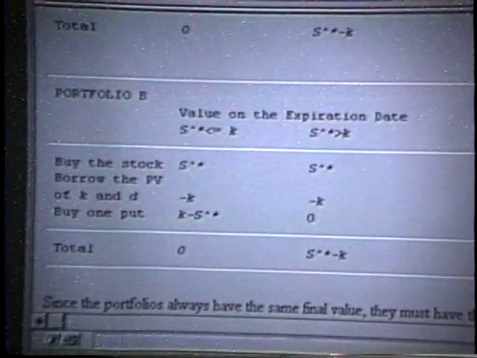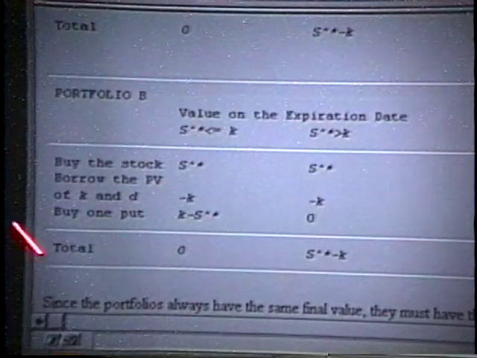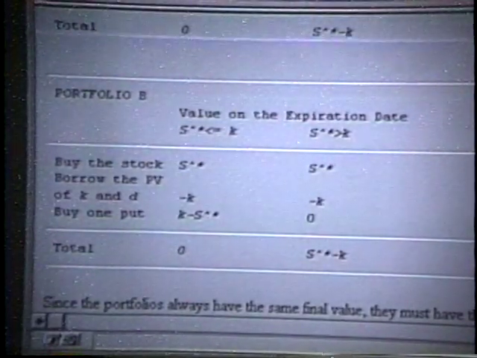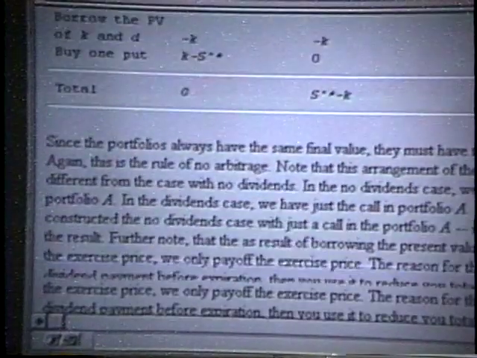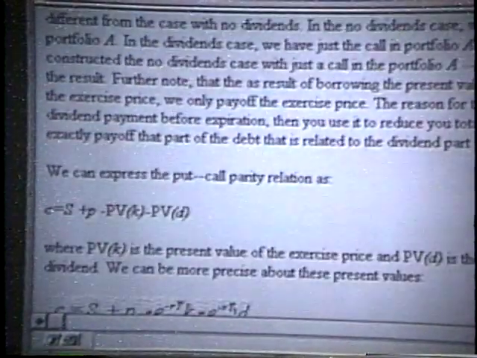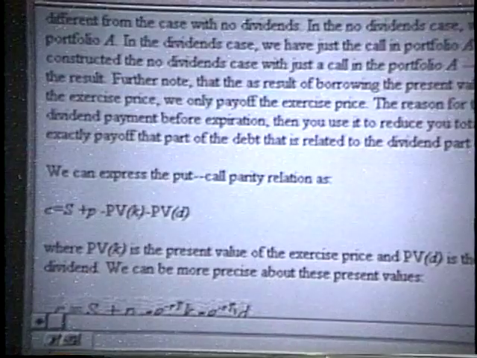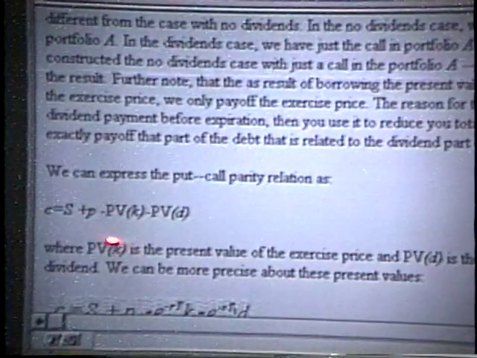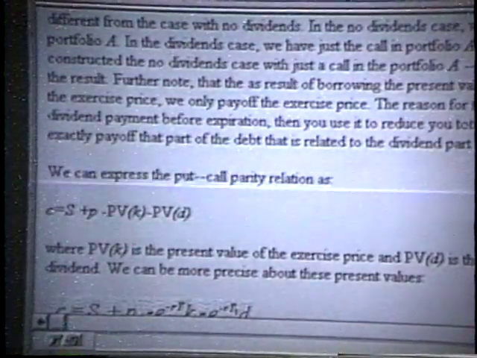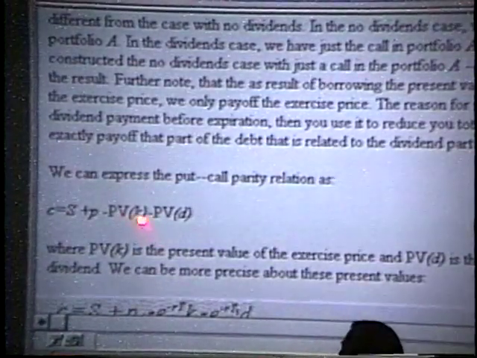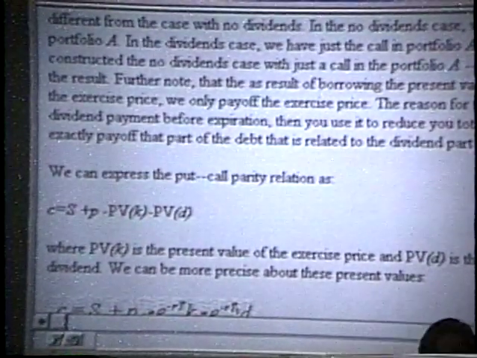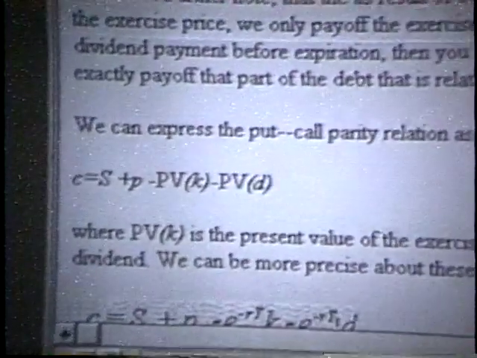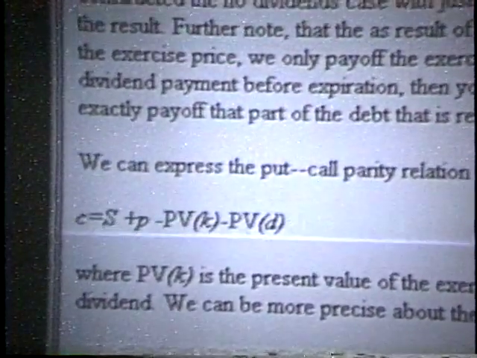So portfolio A's value today must be the value of portfolio B, and we can extend the put call parity formula to incorporate the dividend. So in this case, the call equals the stock plus the put minus the present value of the exercise price minus the present value of the dividend. Okay? So the dividend is the extra component that we're adding to the put call parity formula.